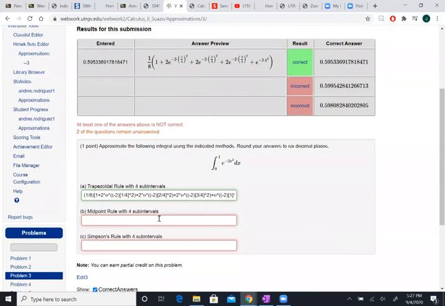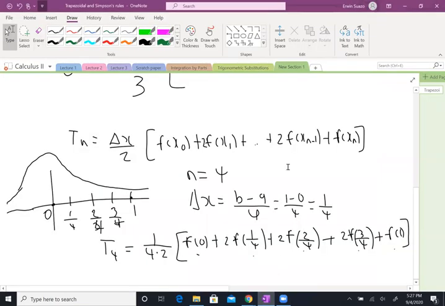Now let's do Simpson's rule. Midpoint is gonna take another formula, so let's do Simpson's because I can copy and paste here. As we already did in the other examples, my formula changes. Simpson's rule is slightly different but very similar.